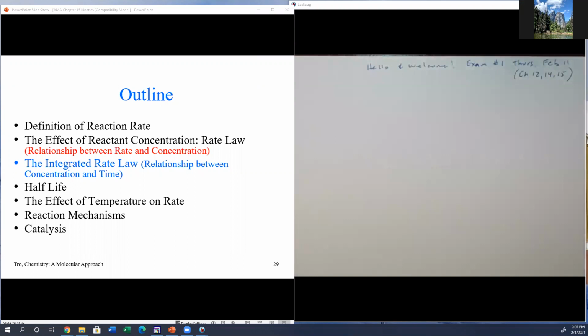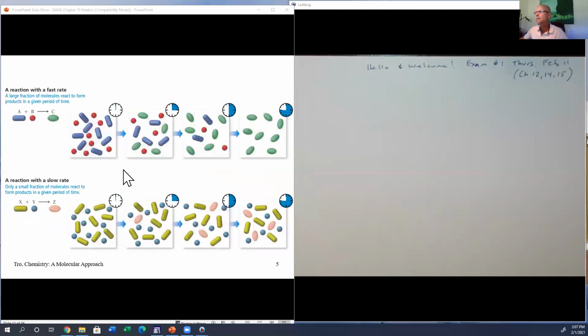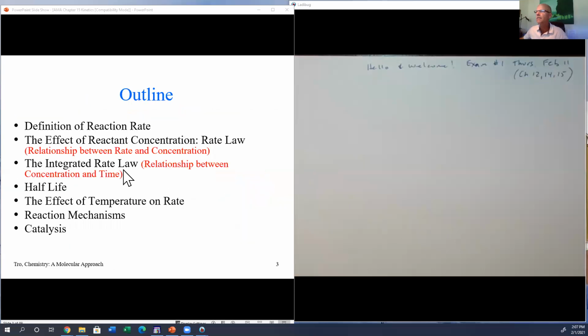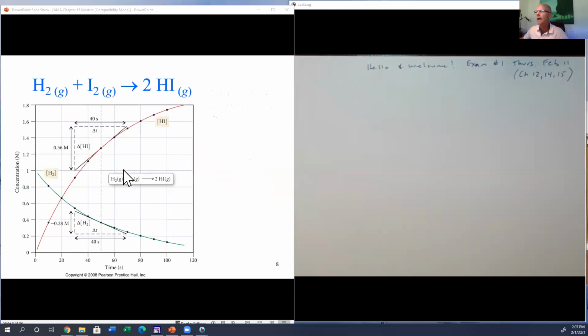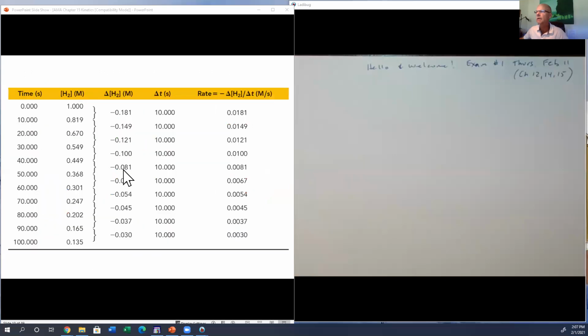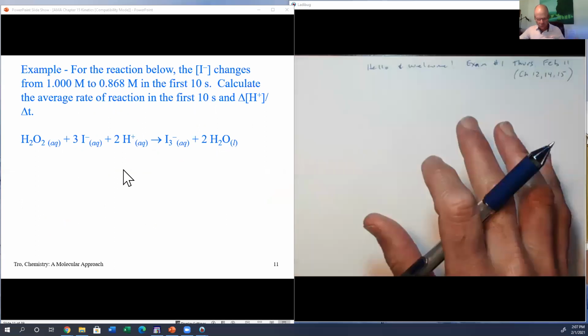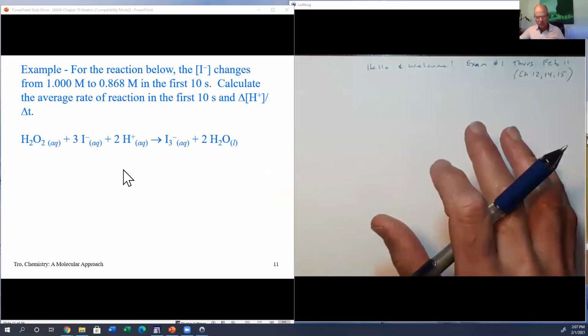Okay. Let's go ahead and get started. The first thing we have to do if we're going to talk about reaction rates is define the reaction rate, and I'm going to skip through all this because we already basically covered it. I just want to go to this example and give you the overall definition of the reaction rate.